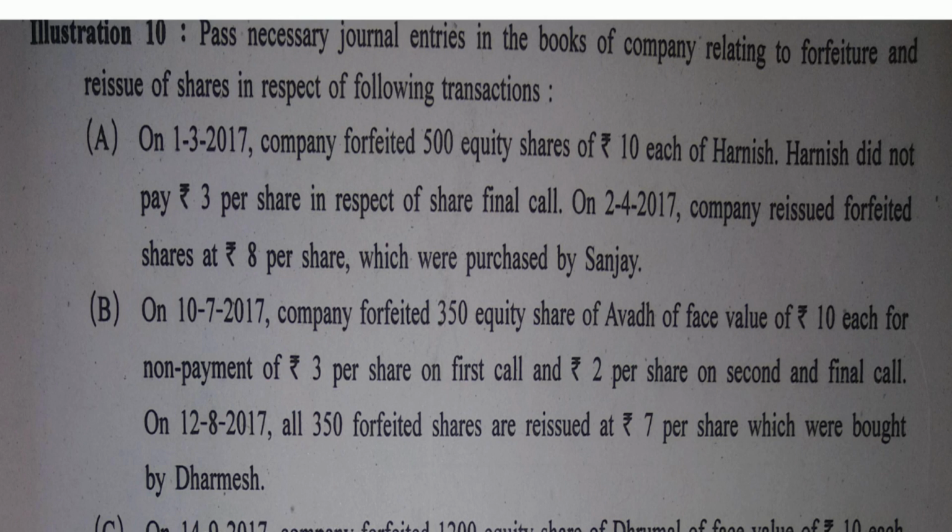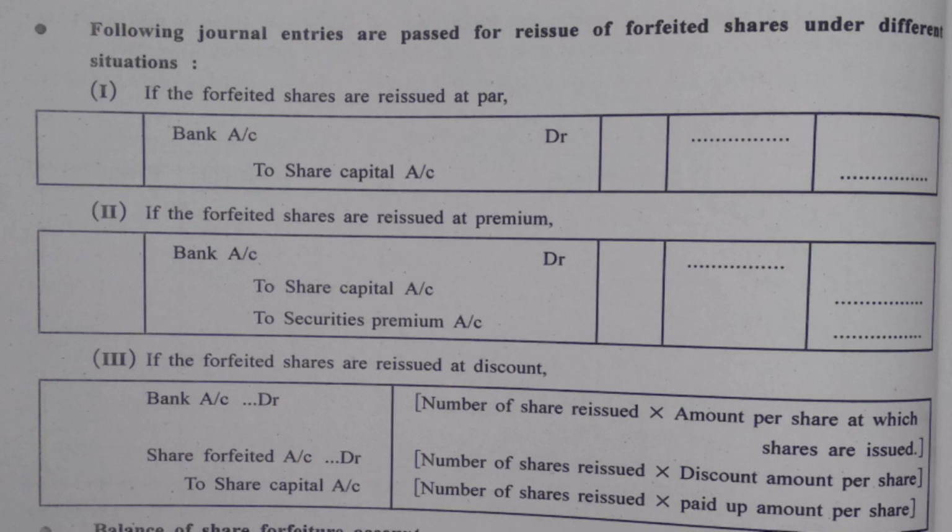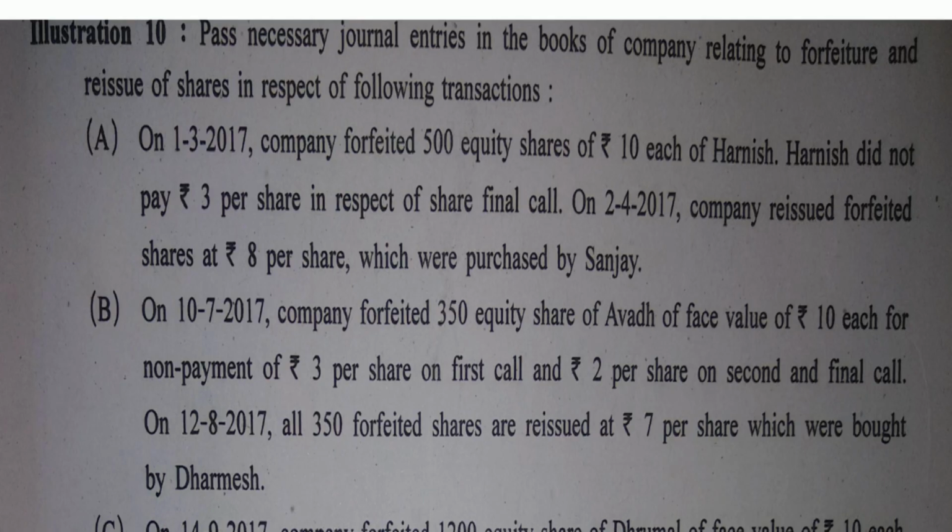So now an additional thing is the reissue of shares after forfeiture. You obviously know the meaning of forfeiture of shares, and you also know how to write down the journal entry for forfeiture of shares. So the additional new thing in this illustration is the journal entry for reissue of shares, which is extremely simple. Okay?